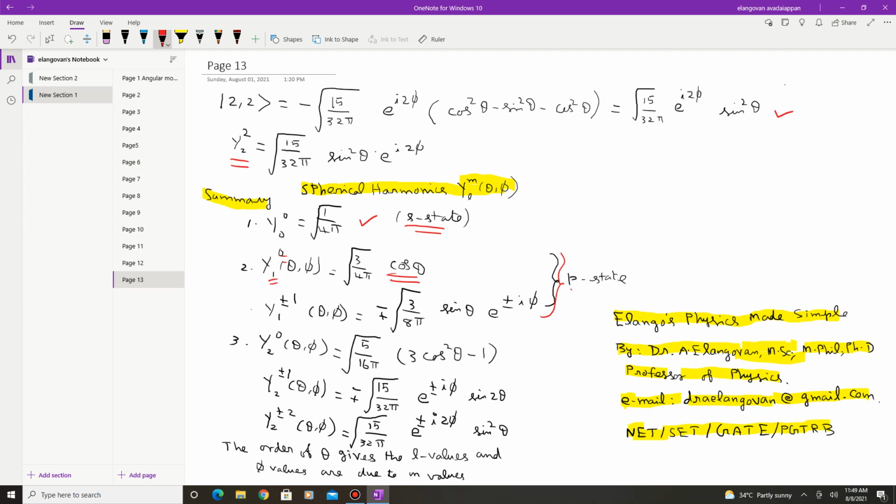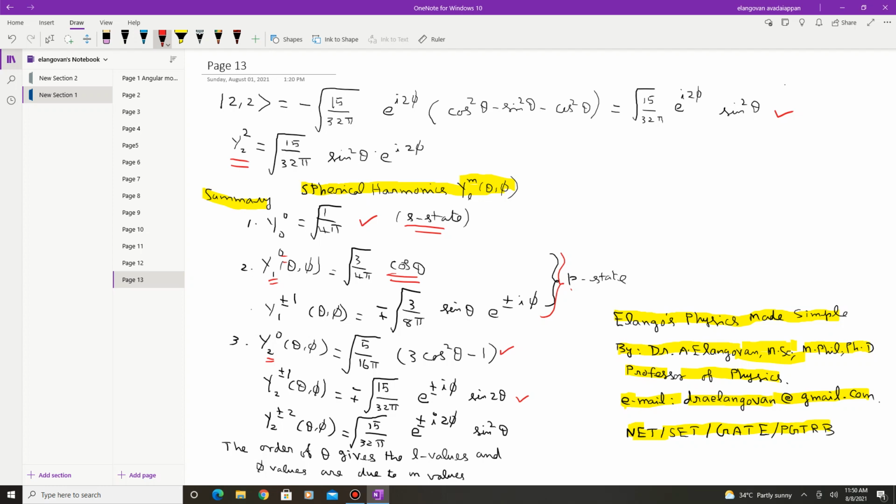And the third case we have calculated is the L is equal to 2 state. For L is equal to 2, the values of M_L are plus or minus 2, plus or minus 1 and 0. So for this, Y20 is equal to this expression, the result we already found. When M_L is equal to plus or minus 1, also this expression, minus or plus square root of 15 by 32 pi e power plus or minus i phi sin 2 theta, that we have already found.